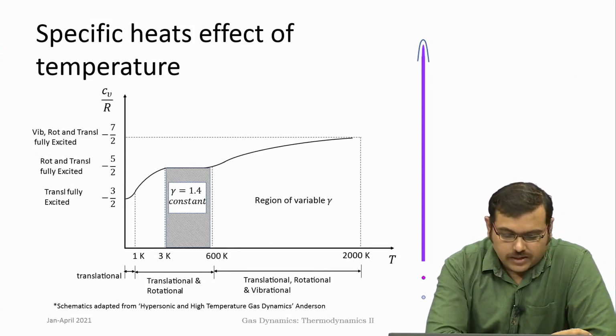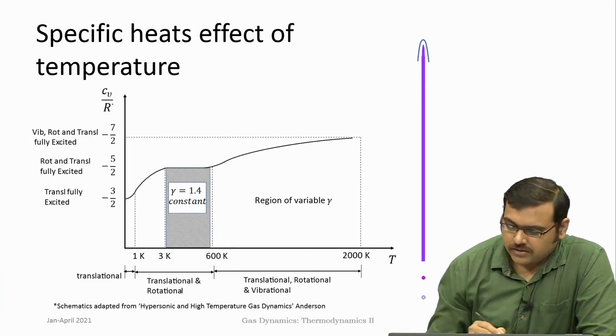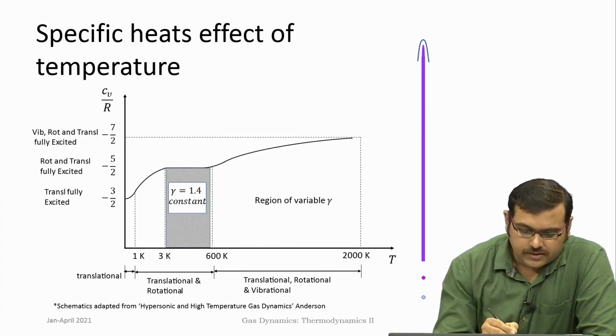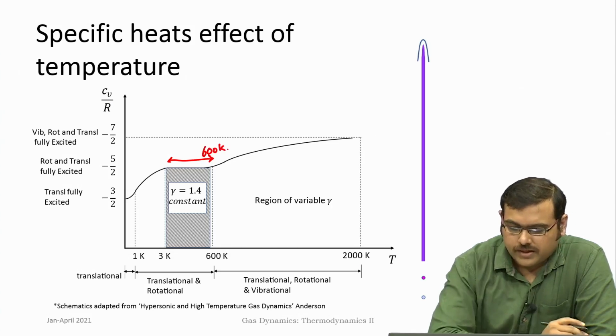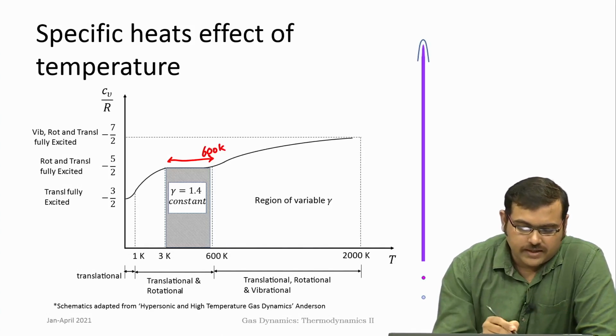This is a chart which looks at Cv as a function of temperature, and it is seen that only for moderate values of temperatures, up to about 600 Kelvin, you can consider that Cv is a constant, or gamma is exactly equal to 1.4.